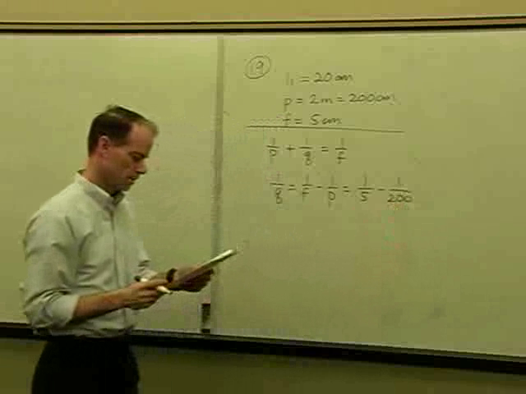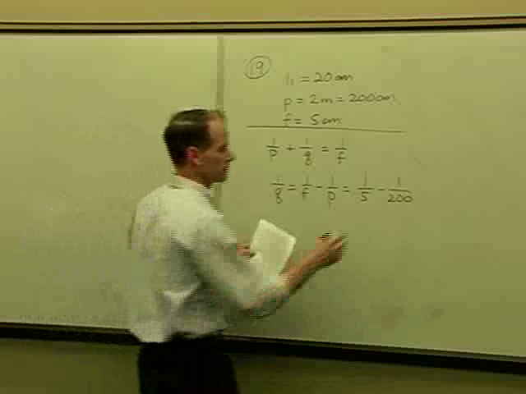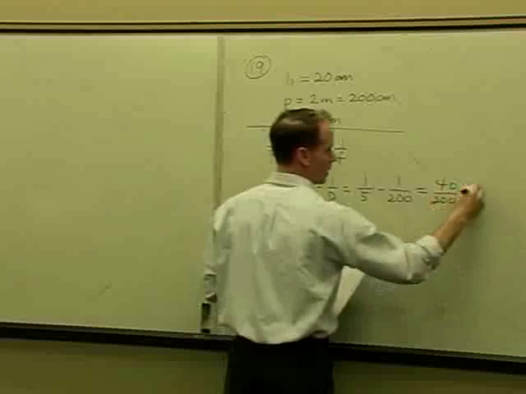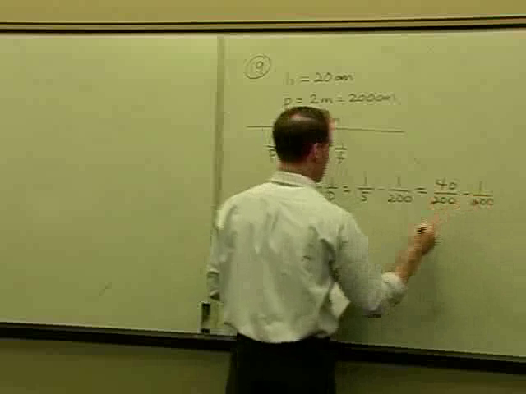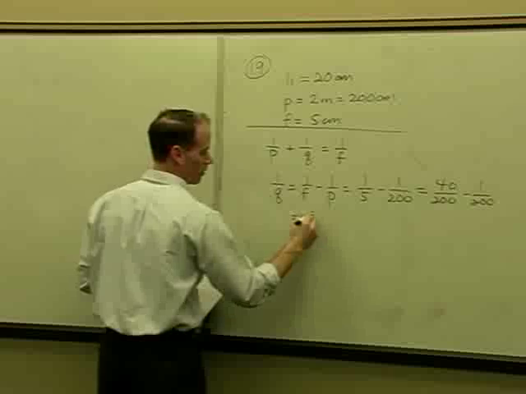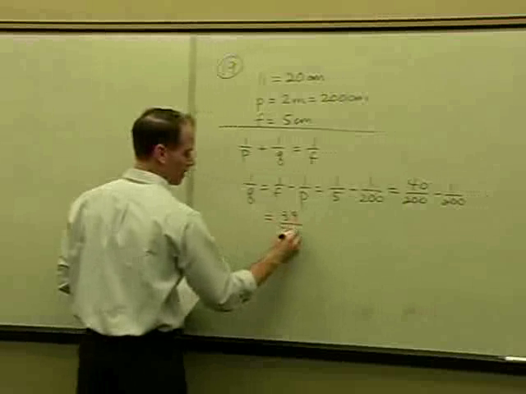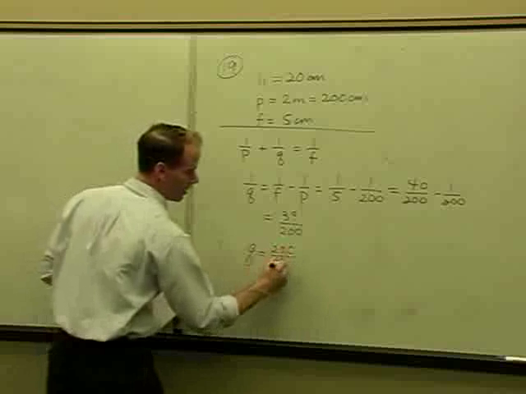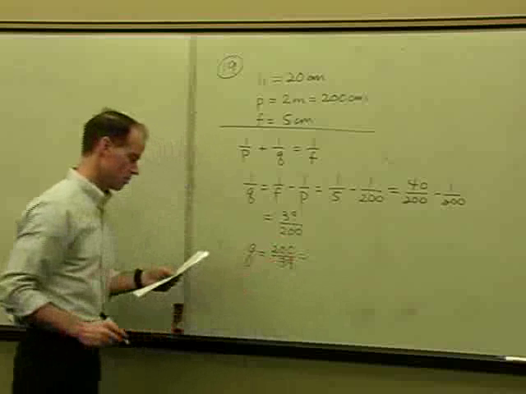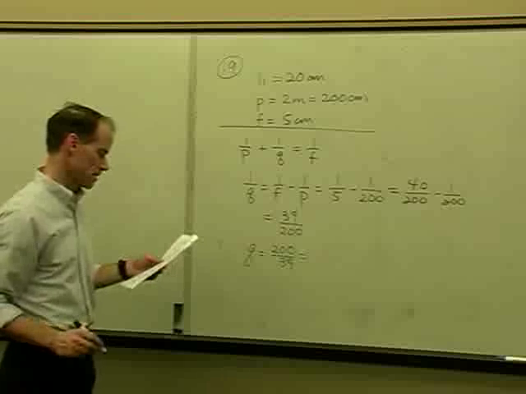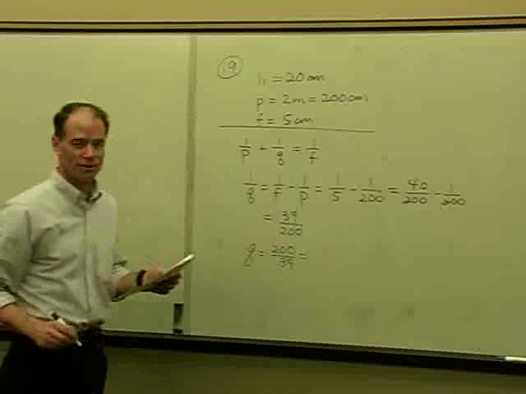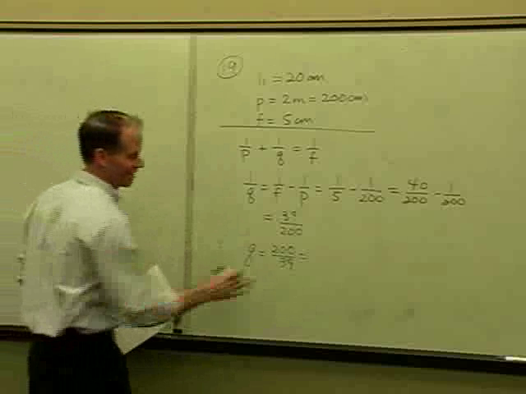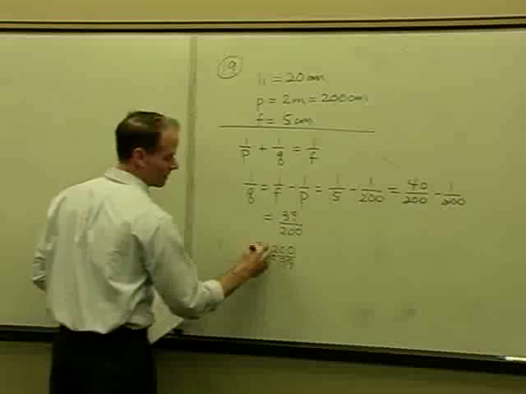And so that's going to be 40 200ths minus 1 200th, or 39 200ths. So Q will equal 200 divided by 39. Let's leave it like that for the moment.